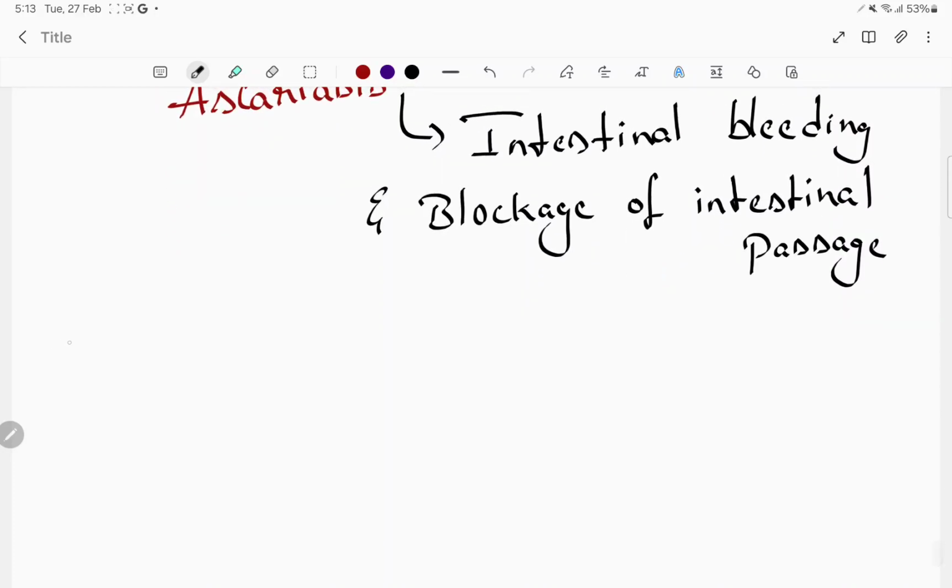So let's learn one more thing regarding a toxic substance which is responsible for chills and high fever.